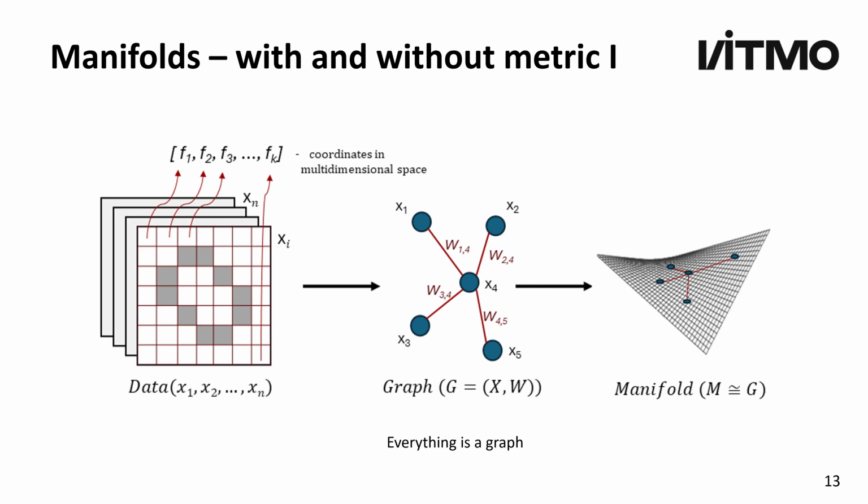Every vertex of the graph is a point in the manifold, which agrees well with our common sense. And the edges of the graph are essentially the distances between the points.